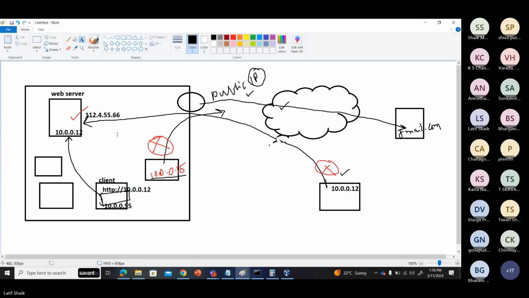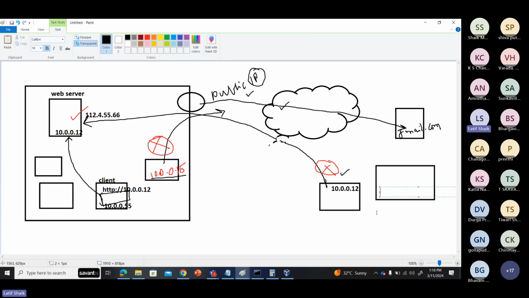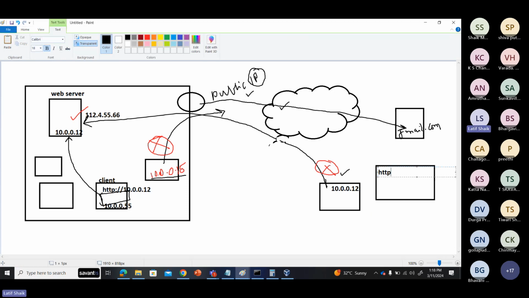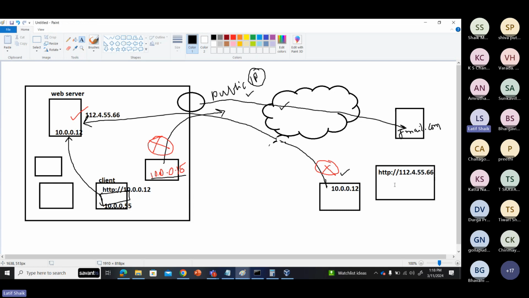This is my server IP, and if someone is trying to access my website, how do they access it? Generally we use a name, but actually we communicate with an IP address. So they put the name through DNS, or put the IP address in the URL.